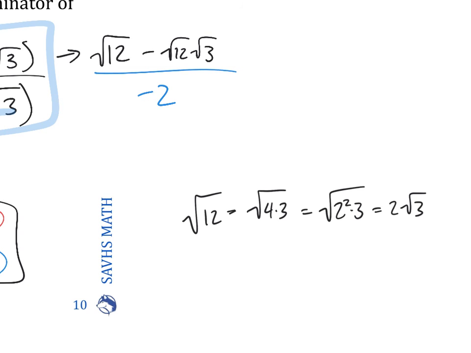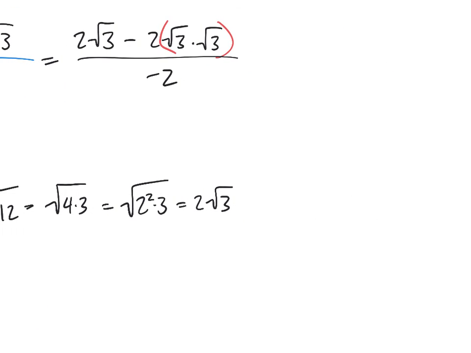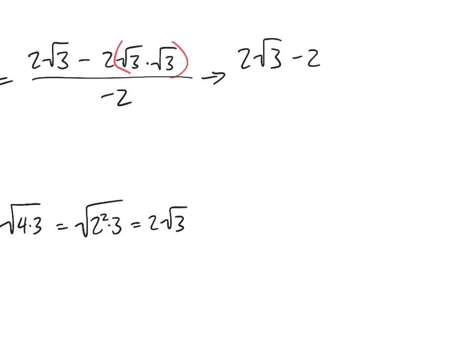So this gives us 2 square roots of 3 minus 2 square roots of 3 times root 3. Well, root 3 times root 3 is just 3. I suppose I should keep the denominator there. So this gives me 2 square roots of 3 minus 2 times 3, all divided by -2.